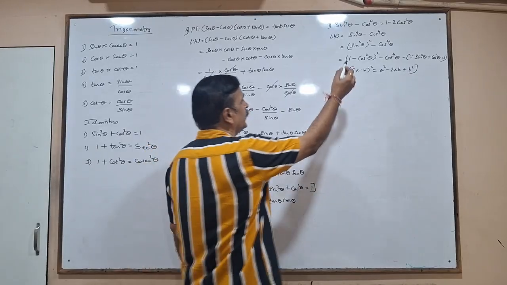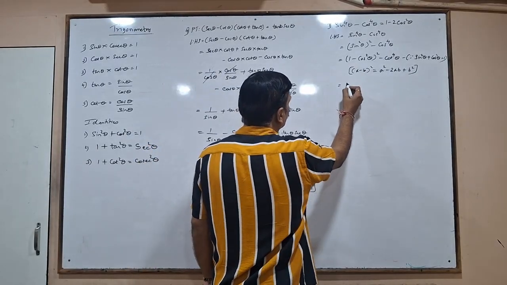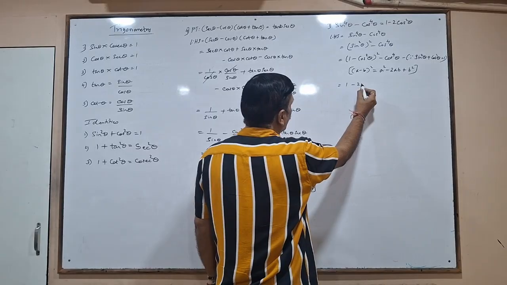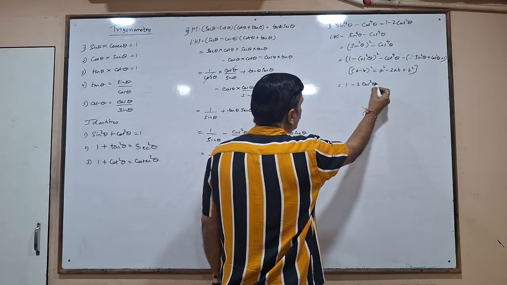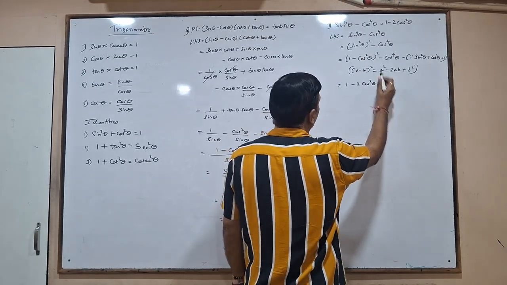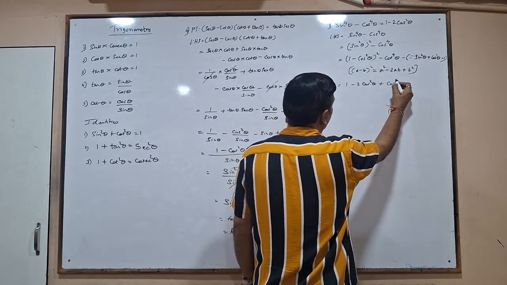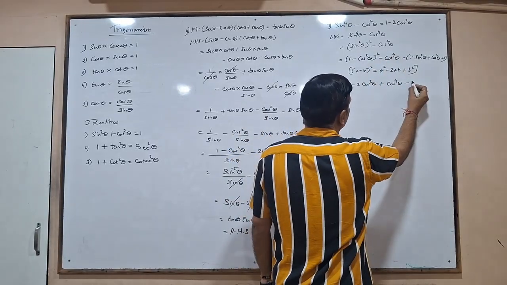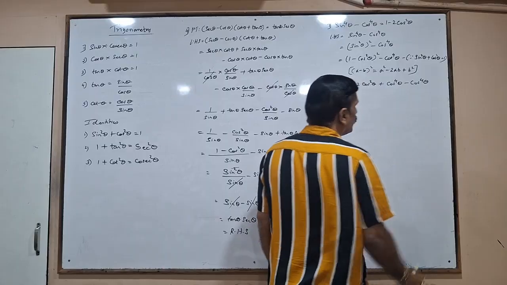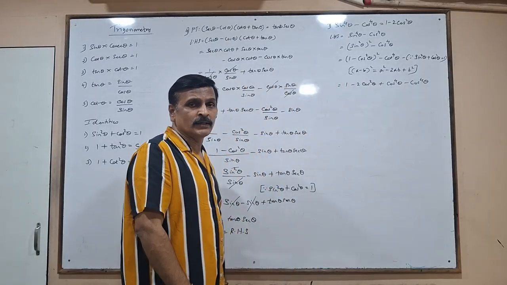The same is to be applied to this bracket. A is 1, so 1 square is 1, minus 2 into 1 is 2, b is cos square theta, plus b square, cos square squared is cos raised to 4 theta. And the term which is there, cos raised to 4 theta, has a minus sign.